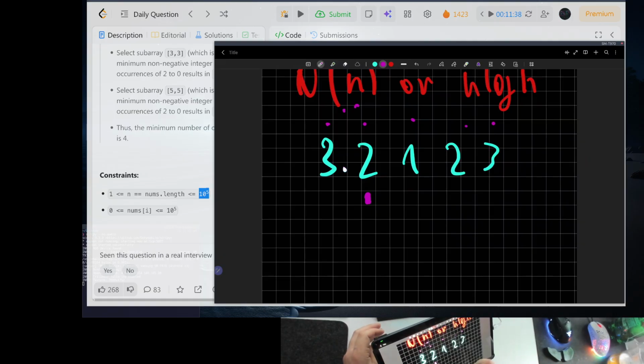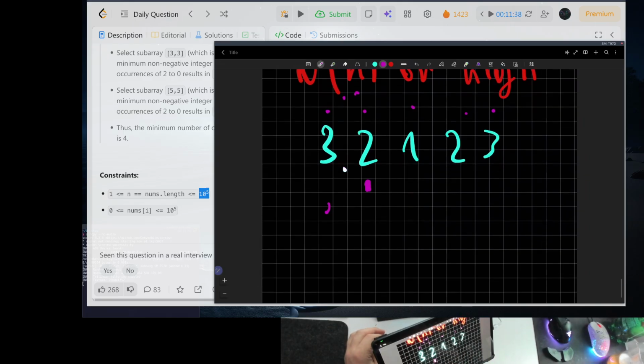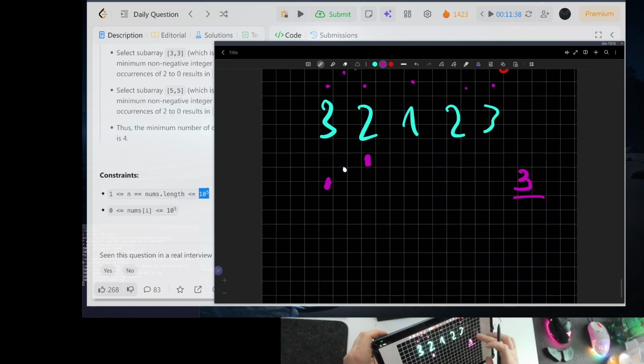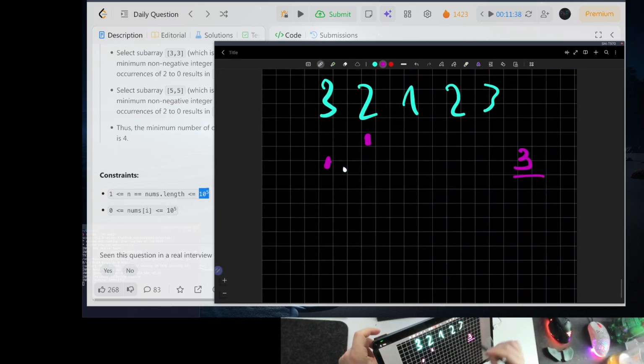So let's try to move step by step from the first position. In the first position, we visit the number 3. Let's put it in our little memory and move next.